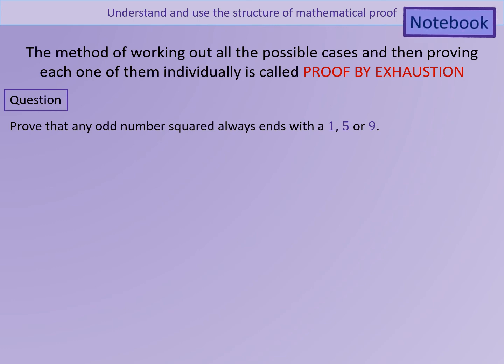So how can we prove that it's going to work for all values by looking at all values if we're not going to list all the different odd numbers that are possible? Because clearly that is an impossible task.